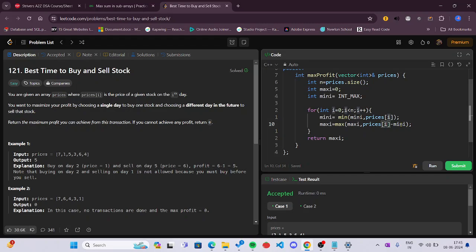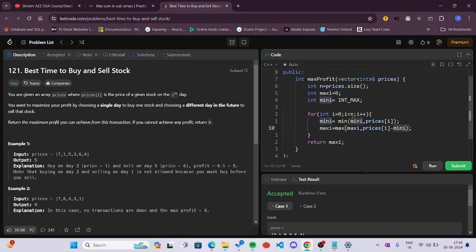Using this mini, I am finding the minimum number as well as another bigger price. So when I got this bigger price, that is 6 minus 1, because mini was already stored here, this will be the final answer. Return maxi.